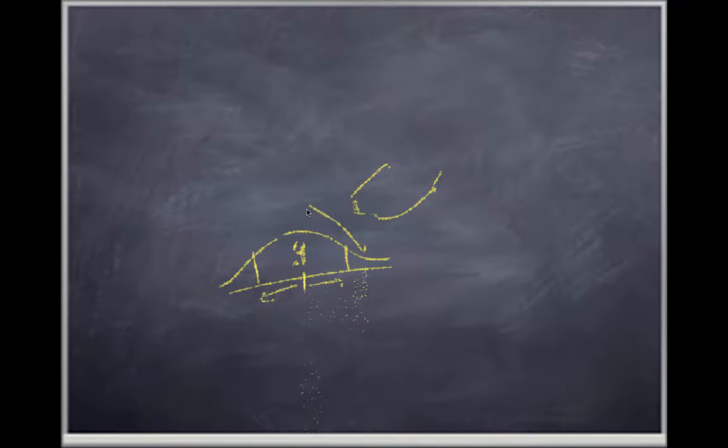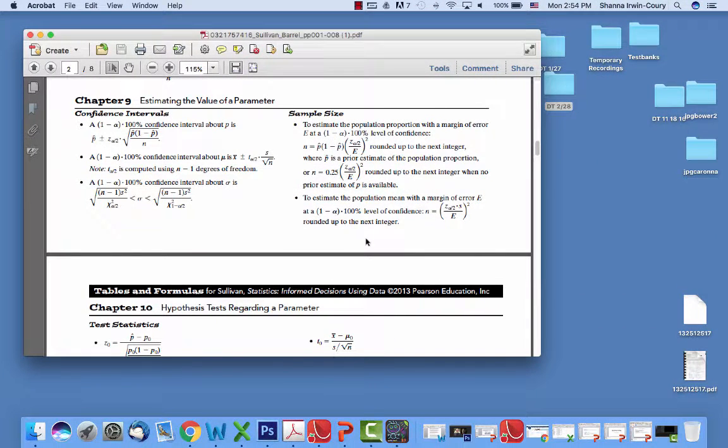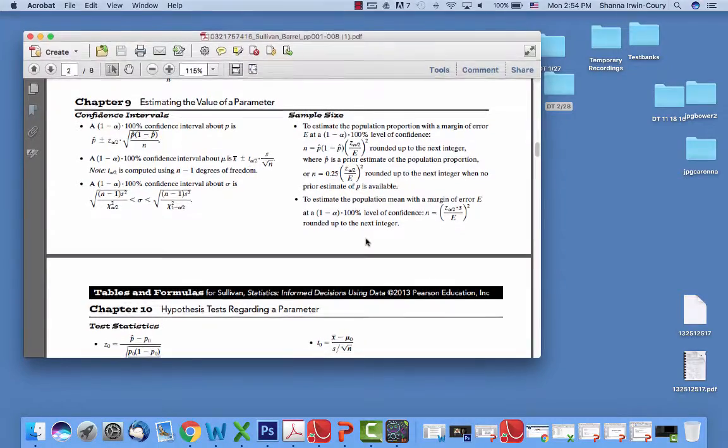These together add up to alpha. So a single tail is alpha over 2 because it's split in half. Both of our charts give us only a single tail. Z gives us a left tail, t gives us a right tail, but either way, they give us one tail. So if we want alpha total on both tails, then we look up the one that gives us alpha over 2. If we wanted, say, 95% confidence, then we have 2.5% in the tail.